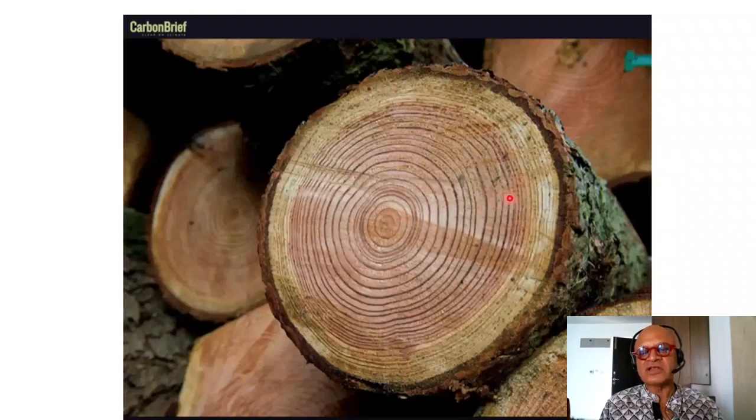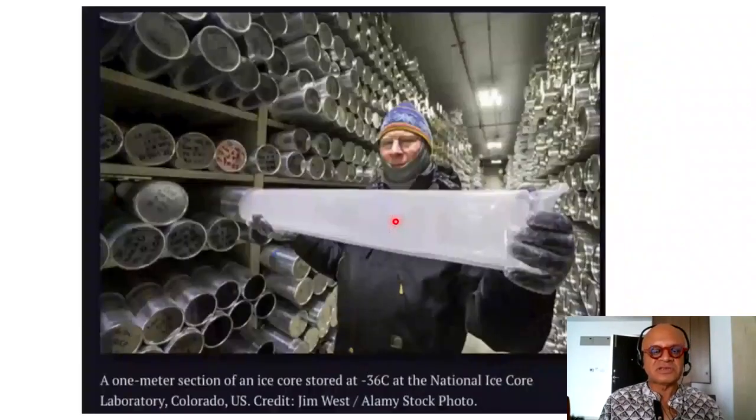If you go from the center to the outside, that is related to temperature and precipitation changes. So you need to calibrate these trees to understand the variability of the ring width, or distance between rings, to some climate variable. So that calibration is a very tricky business as well. We will see that again in a minute.